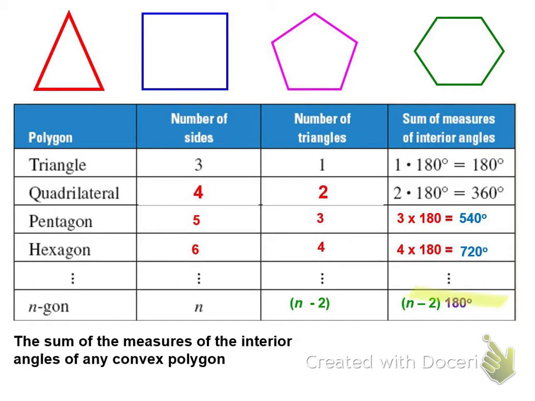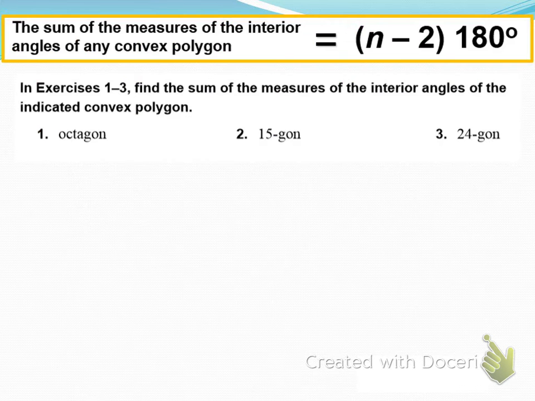I would highlight it, and then I would highlight this phrase up here, the sum of the measures of the interior angles. So for any polygon, you can find the sum, meaning what all of them add up to, of the inside angles of any polygon by n minus 2 times 180. So n minus 2 times 180.